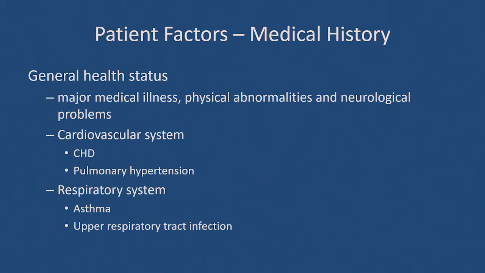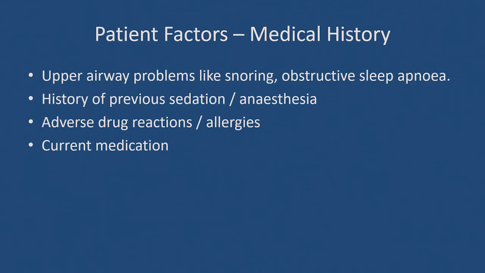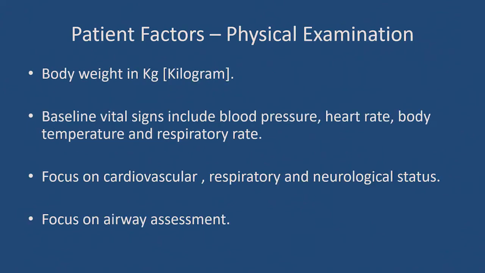Cardiovascular diseases such as congenital heart disease or pulmonary hypertension, and respiratory diseases such as asthma or URTI should be noted. Other relevant issues include history of snoring, OSAS, history of previous sedation or GA, any adverse drug reaction or allergy, and use of current medication.